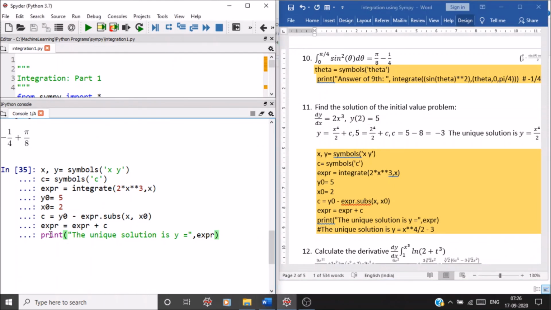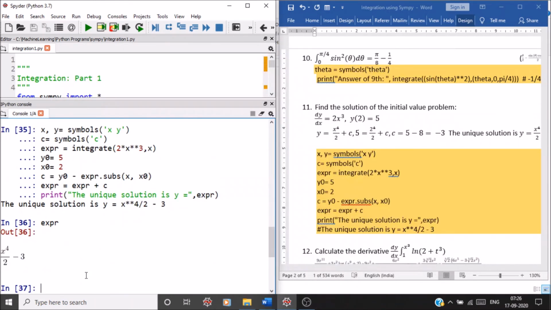And the value of c is y0 minus the solution of that particular equation, and the final expression is expression plus c. This is the unique solution, so we can see the result. If you execute only the expression, we can get it in the original mathematical format: x to the power 4 by 2 minus 3.